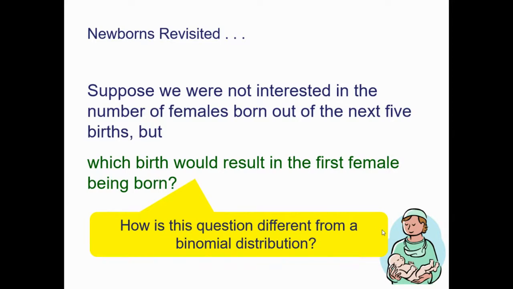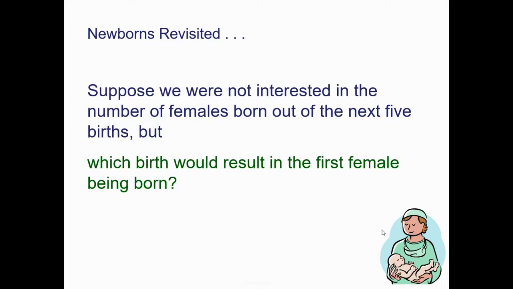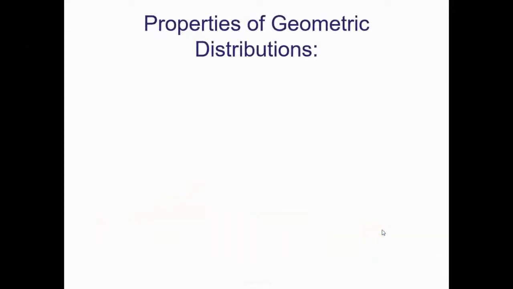What's different on this one? How many trials before the first success, right? So that's actually called the geometric distribution.